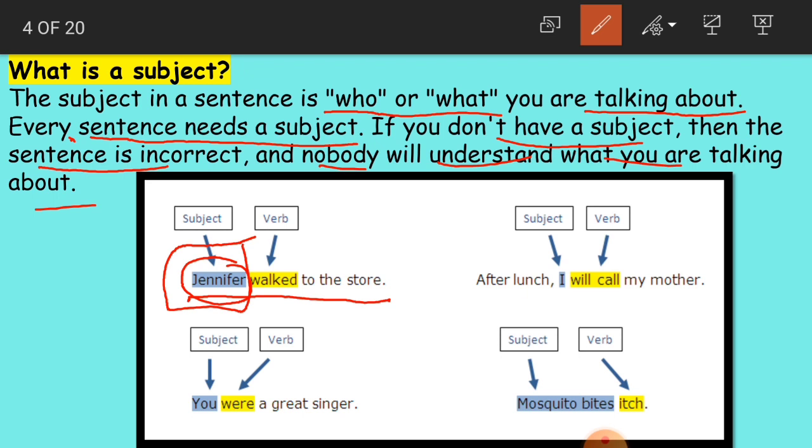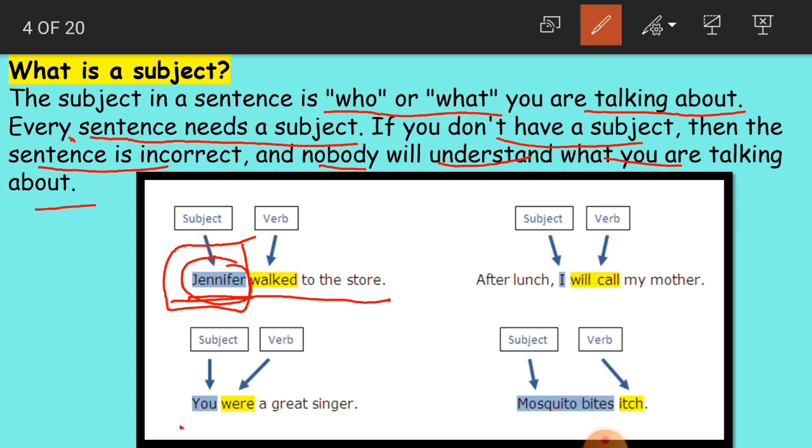Then definitely the question arises, who walked to the store? Because here there is no subject. When you place a subject here, Jennifer, Sita, Ramu, anybody, the sentence gets completed. It becomes the correct sentence. And here, walked is the verb, because that is the action verb.